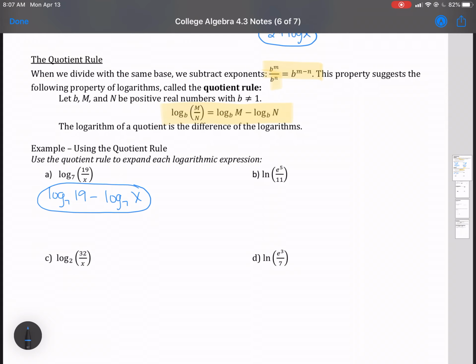Looking at b, we have the natural log of e to the 5th divided by 11. So the natural log of e to the 5th power minus the natural log of 11. Remember, the natural log of e, those cancel, so we're left with 5 minus the natural log of 11.